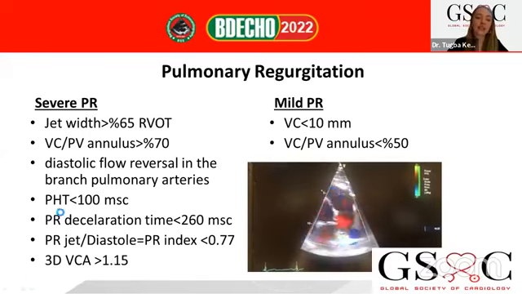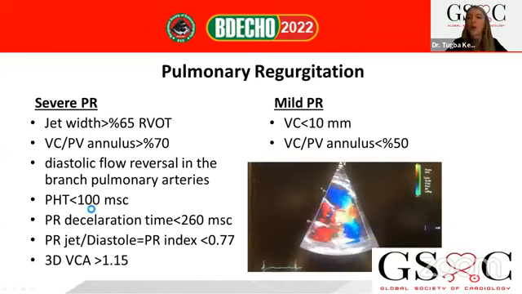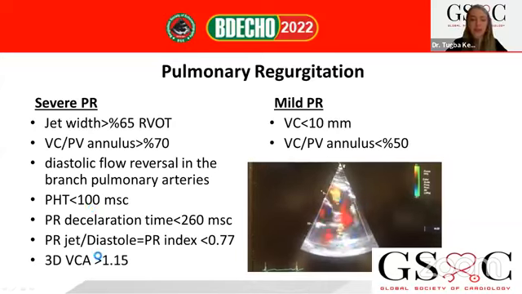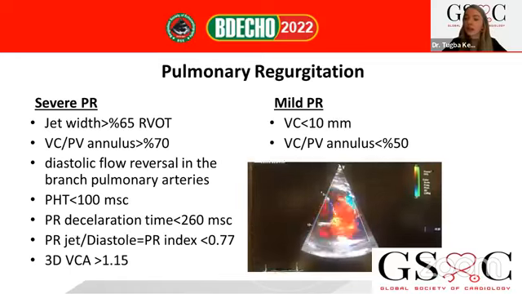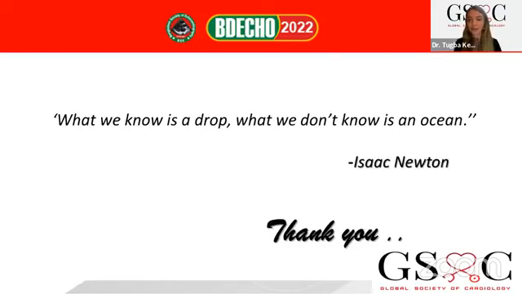And you can see all these parameters. I don't want to tell all of them because of limited time, but there is only one study about 3D images, and if the pulmonary regurgitation area is larger than 1.15, we can say severe pulmonary regurgitation.